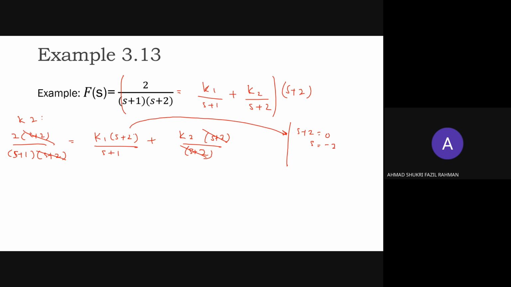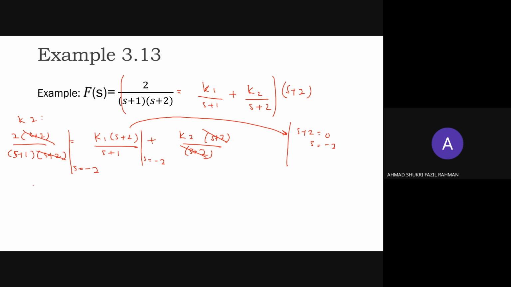So we need to replace S with -2. This part also S is -2. This one no need because we have only a constant here.